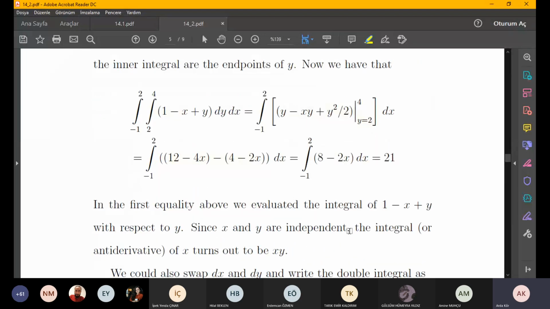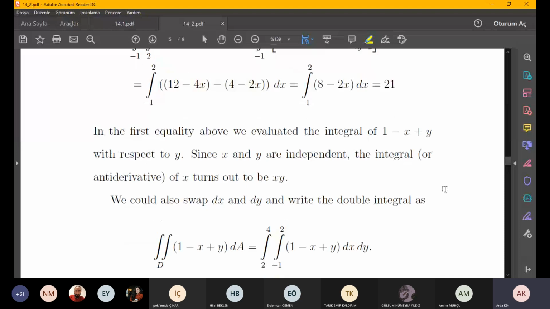If you just compute it, this will be 8 times x minus 2x squared over 2 from -1 to 2. So you will get 21.